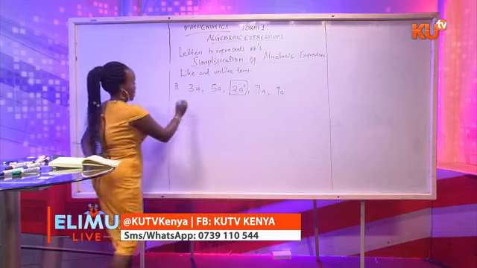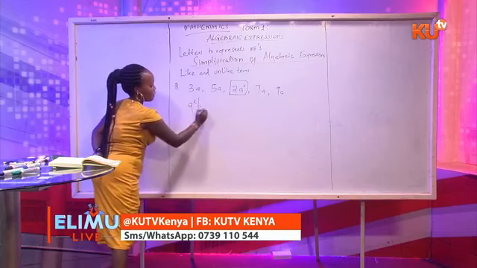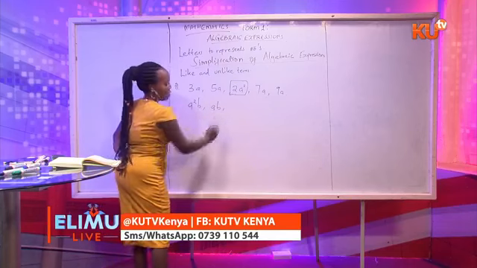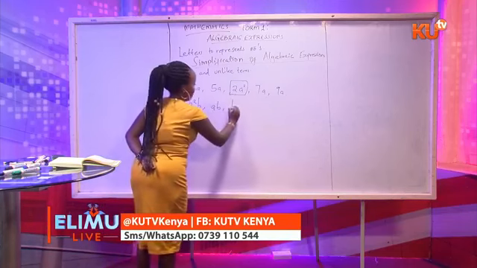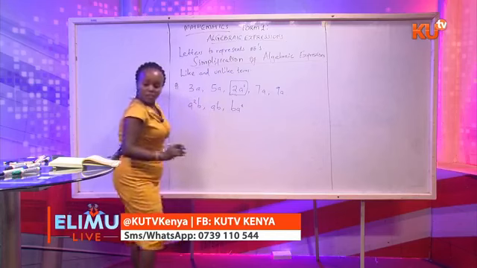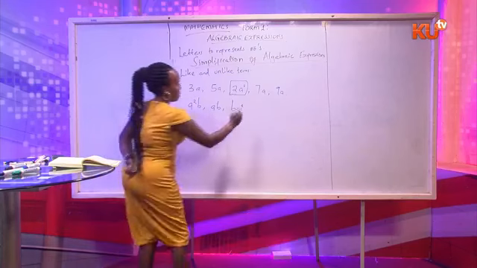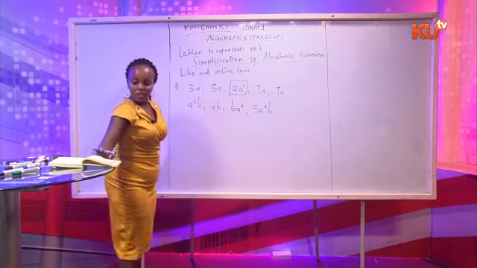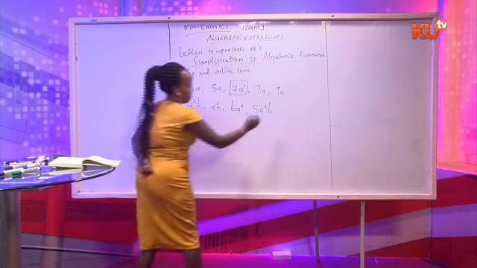So I can give another example. Maybe we have a squared b, then we have ab, then we have ba squared, then we have 5a squared b, and lastly we have 6ba squared.